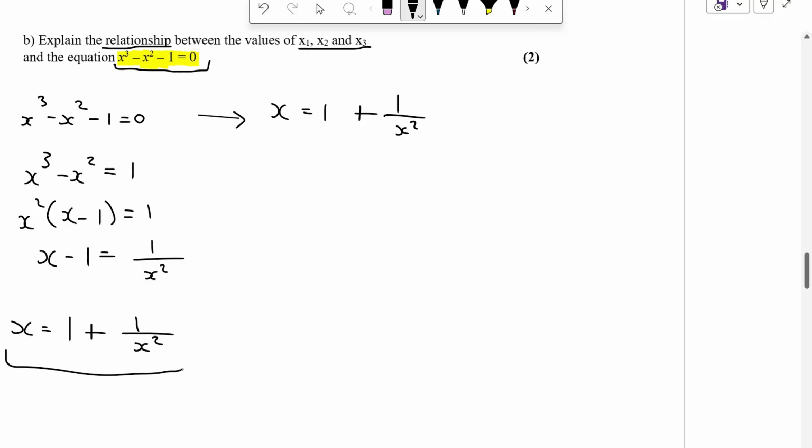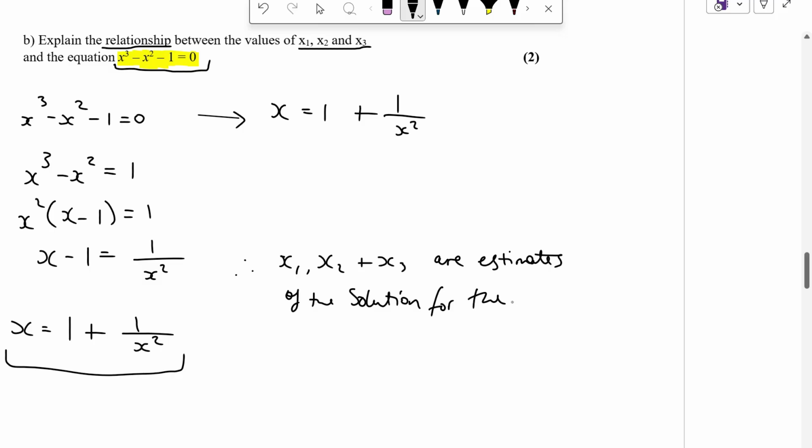Okay, so we've taken this equation and matched it to the iteration equation in part A. So therefore, x1, x2, and x3 are estimates of the solution for the equation x cubed minus x squared minus 1 equals 0.